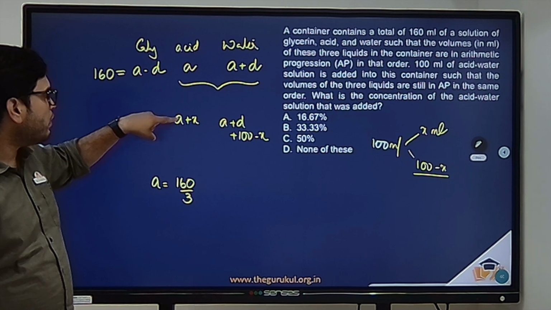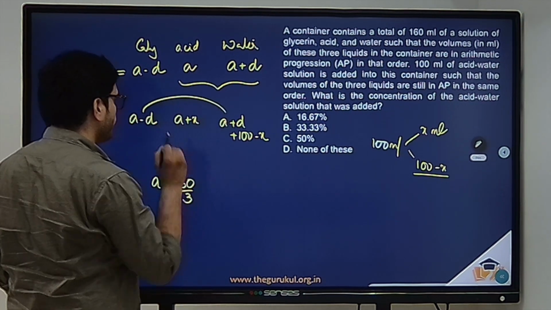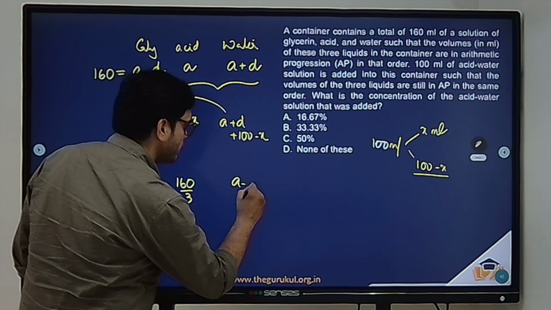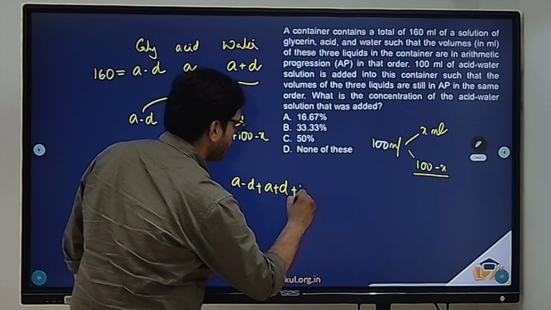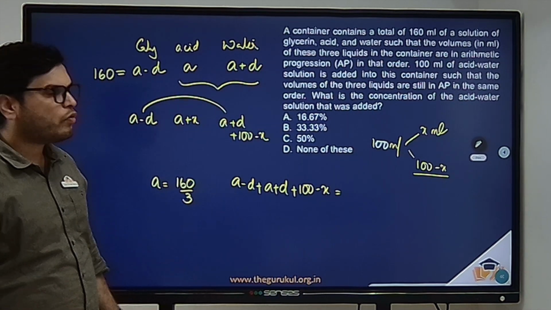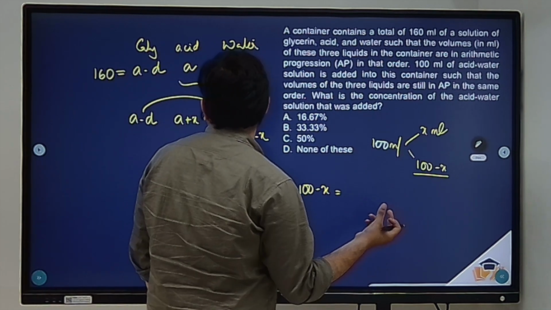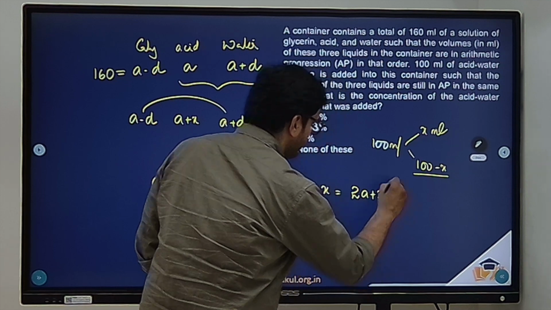It is also mentioned that these three are in arithmetic progression. So the sum of these two, A minus D plus A plus D plus 100 minus x, should be equal to twice the amount of acid in that solution, 2A plus 2x, right?